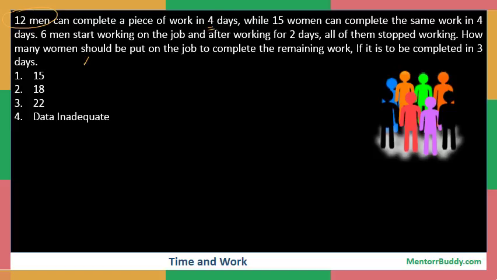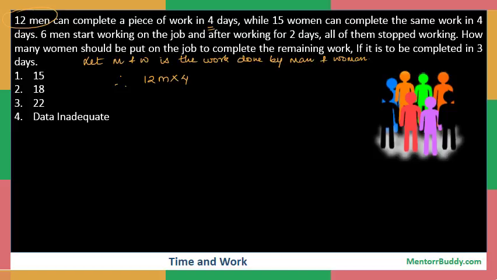So if I assume let M and W be the work done by a man and a woman, therefore the work done by 12 men is equal to 12M, and they do the work in 4 days. So if they work for 4 days, that is men days, they finish the work.